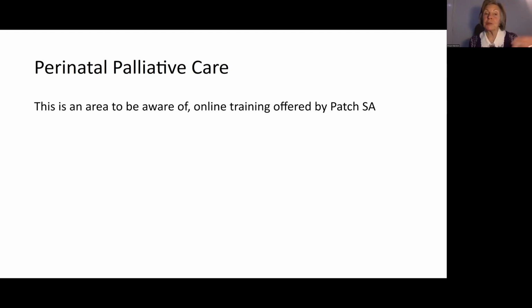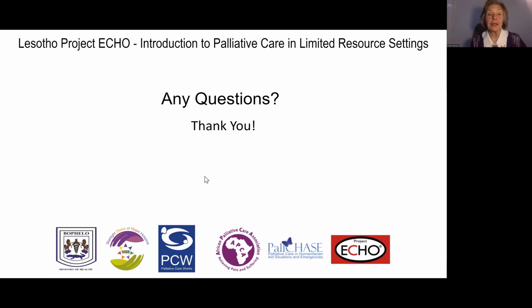But I can share more about the Patch book later on, and I can send you the contact. And I have a couple of books that I can send through to Lesotho as well, if there's anyone who would like to know them. But it is a perinatal palliative care book that you can actually use no matter where you are when a group of you want to learn more about perinatal palliative care.